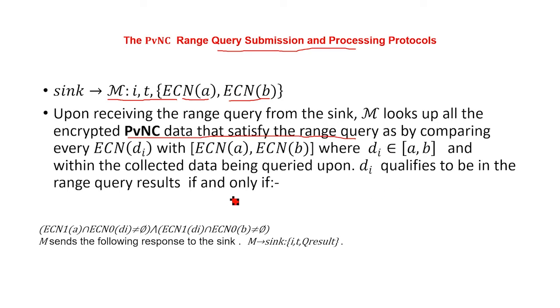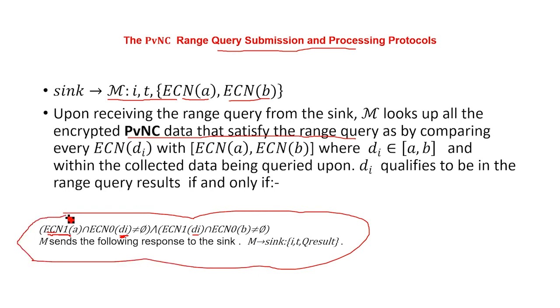And all that data which qualifies must follow this. Okay. So if the enumerated encoding numbers of A union B intersected with D1 is empty, where D1 is the number that was sent already by the sensors, that is already in M, then all the data that satisfy this condition are the data that are required.